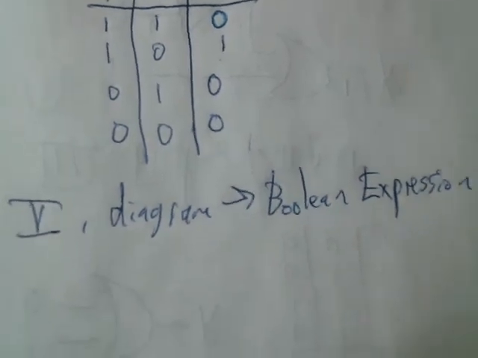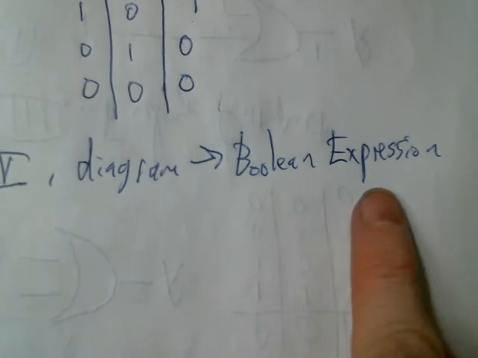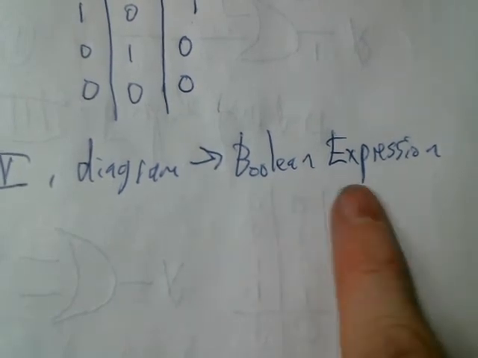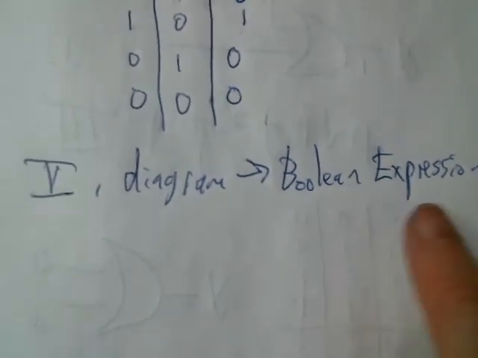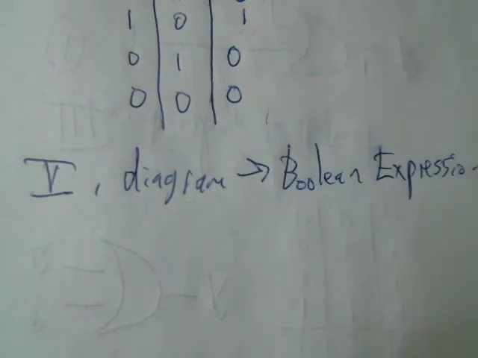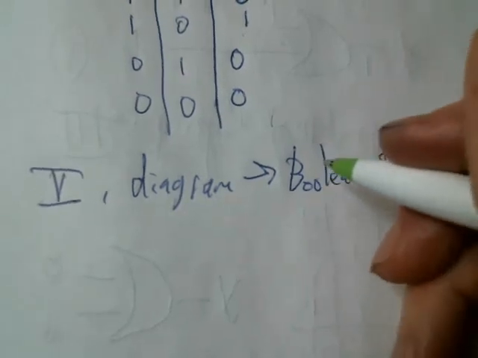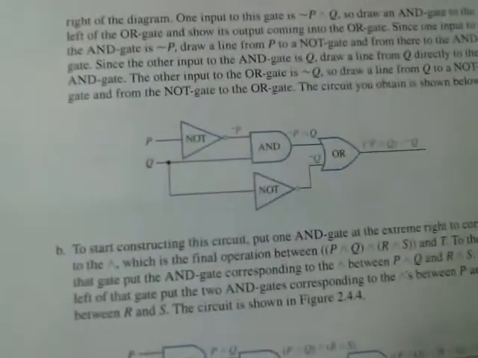Which is basically just the compound statement, or the statement form, which is just a bunch of variable statements and connectors. Okay, so the diagram given in the book, I'll reproduce it for us.